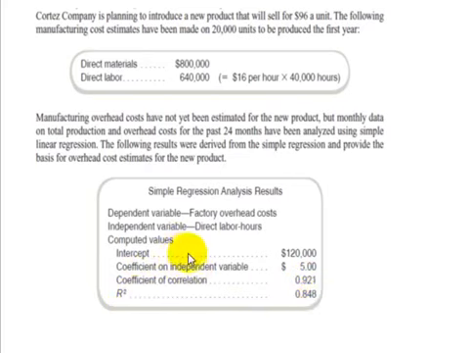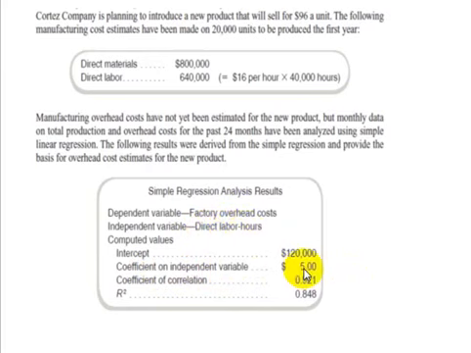Intercept means or represents the total fixed cost. Coefficient on independent variable means the slope of the regression, or the variable cost per direct labor hour.